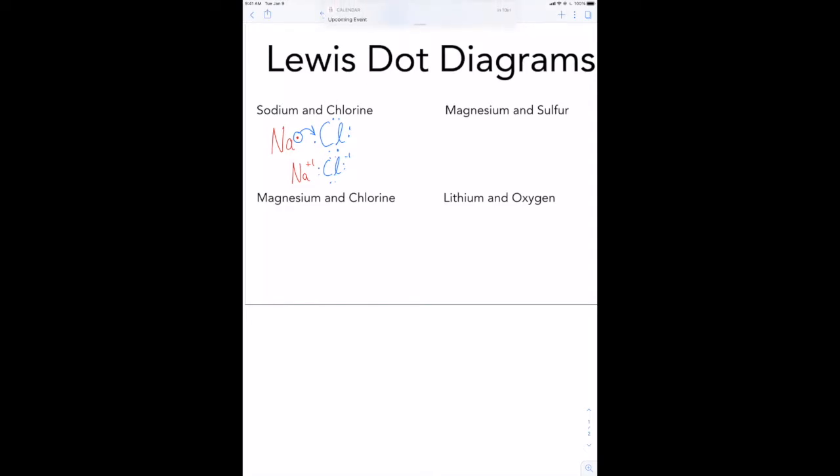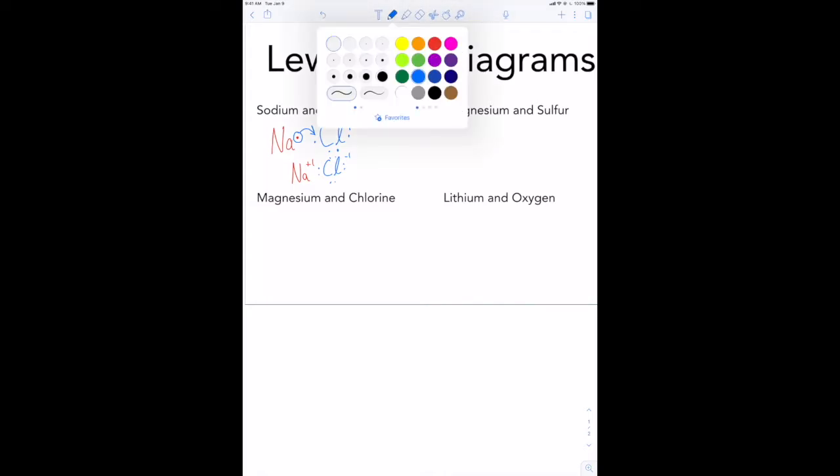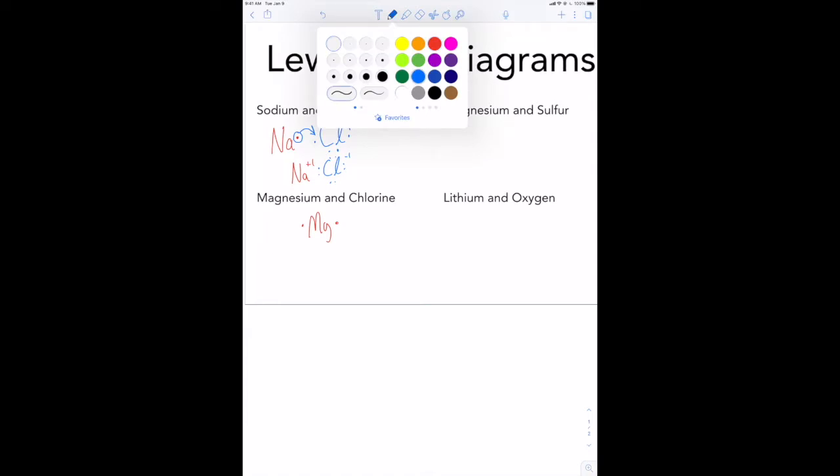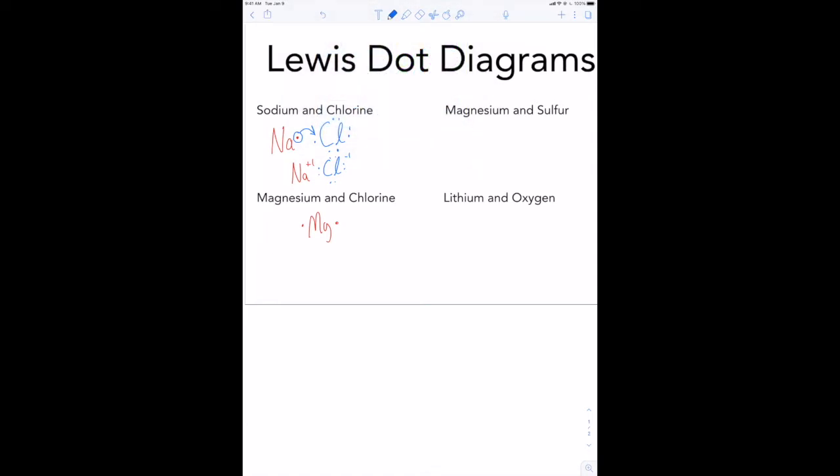All right, let's now try the one below it, magnesium and chlorine. Magnesium has 2 valence electrons, and chlorine has 7 valence electrons.